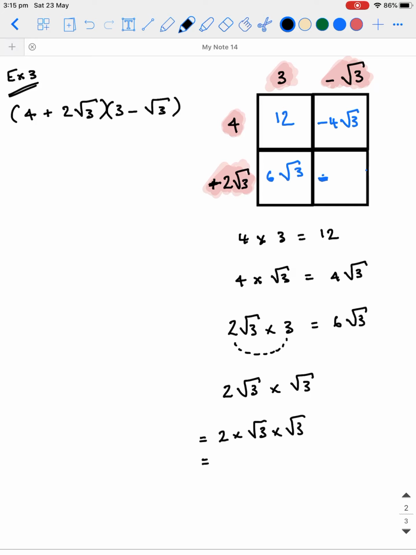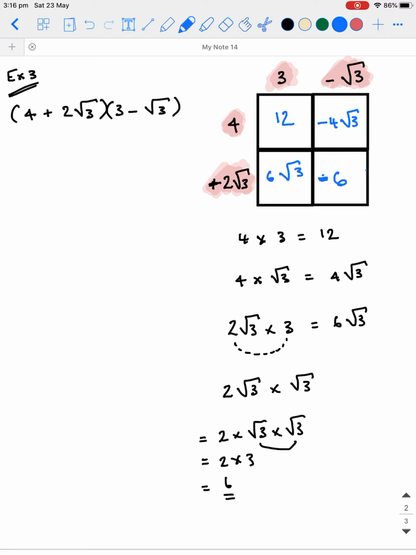Now just like in the example above, I know that root of 3 times root of 3 is actually just 3, and that 2 times 3 is equal to 6. And again, because one is positive and one is negative, the answer is negative 6.